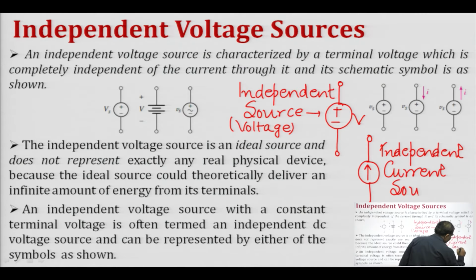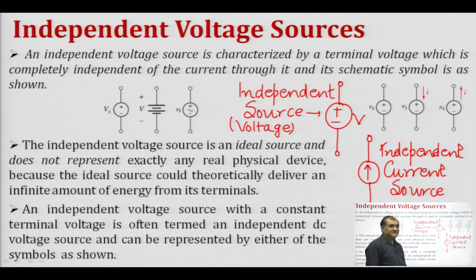Easily, by looking at the schematic symbol, if we are using a schematic symbol which is circular in nature, then it will be an independent voltage source or a current source. Similarly, this is our AC source. So, this is how we can represent an independent voltage source.